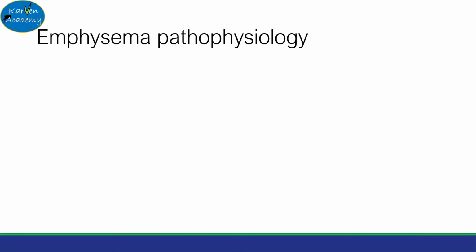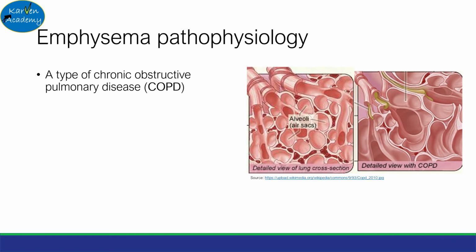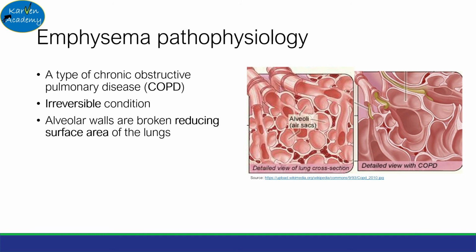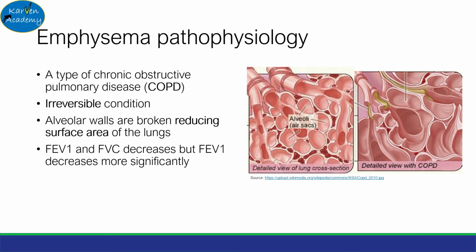Emphysema is a type of chronic obstructive pulmonary disease, COPD for short. This is a progressive, irreversible condition where the alveolar walls are broken, reducing the surface area of the lungs. In emphysema, both FEV1 and FVC decrease, but FEV1 decreases more significantly.